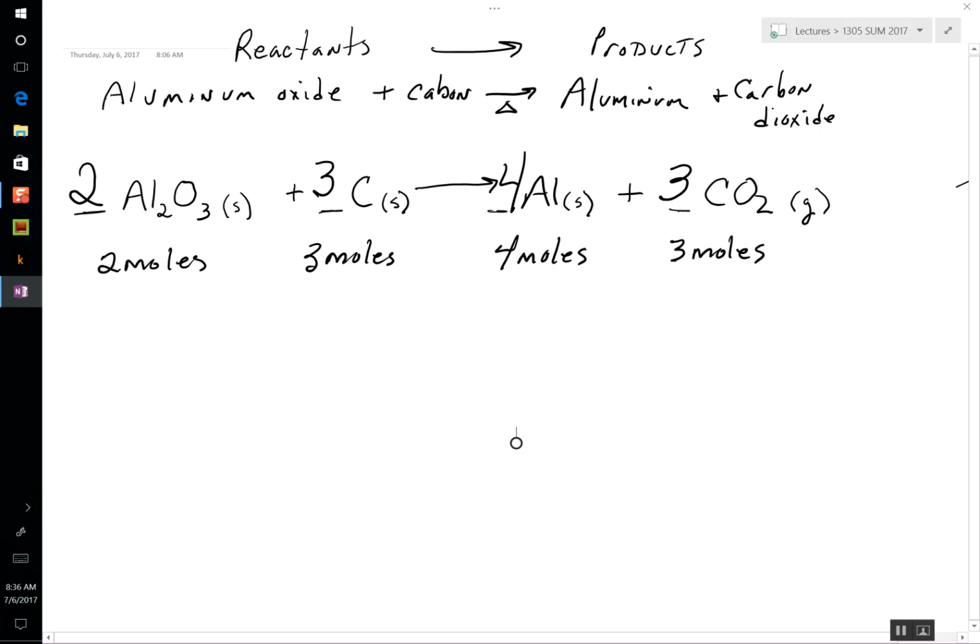Okay, now let's look at 4 types of problems. I think I'll put these on the board. I'll also try to capture them on here. This is the simplest, converting moles to moles.